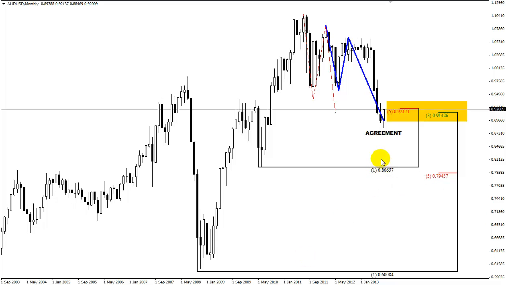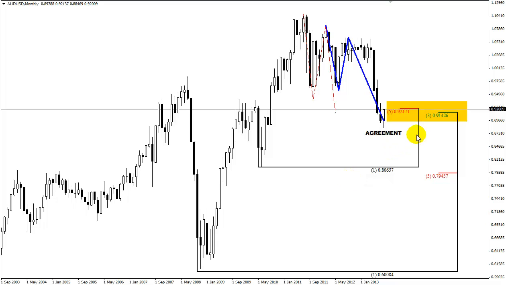We can see here that this is an agreement, and this is the completion point of this ABCD, and near to the completion point of this other ABCD here, right at the zone of Fibonacci support, and in this case the confluence support zone, the confluence of the 38 and the 618 Fibonacci from these points.